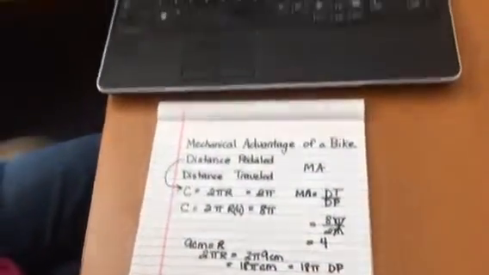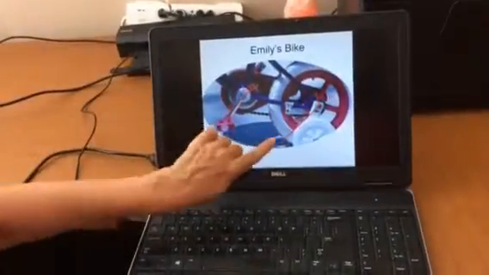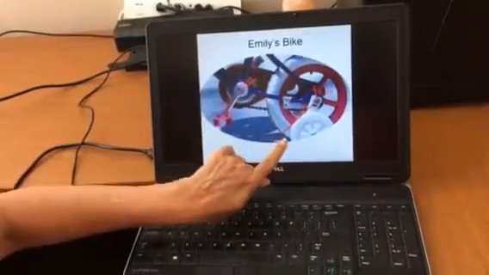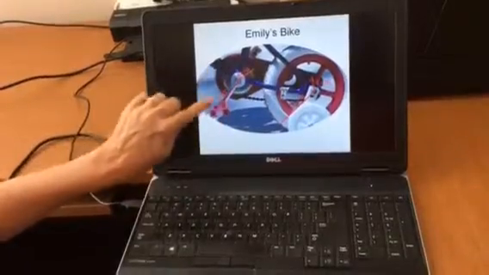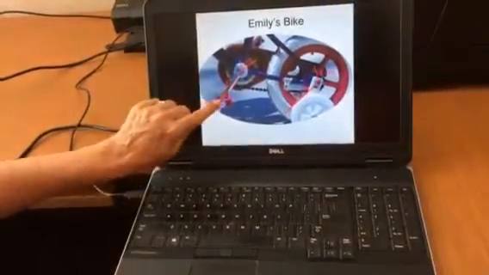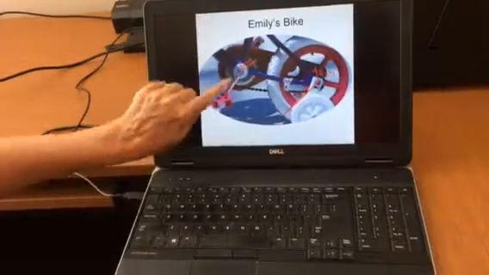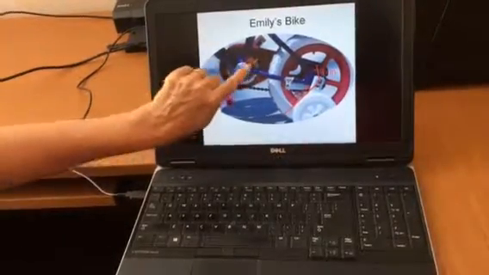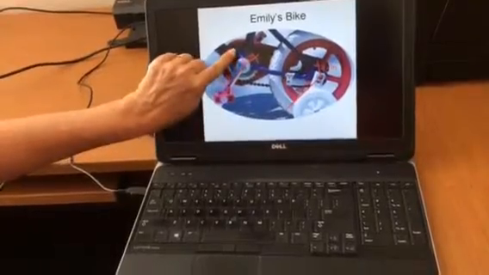So now in order to find our distance traveled, we can't just look at our wheel back here because our distance pedaled and our distance traveled with the wheel aren't going to go at the same rate. So every time this goes around in a circle, we also have this smaller circle here. So we need to know what the circumference is for the smallest circle.